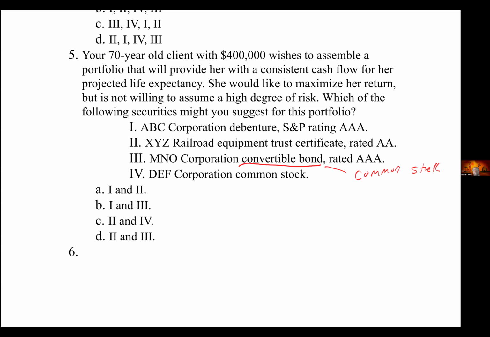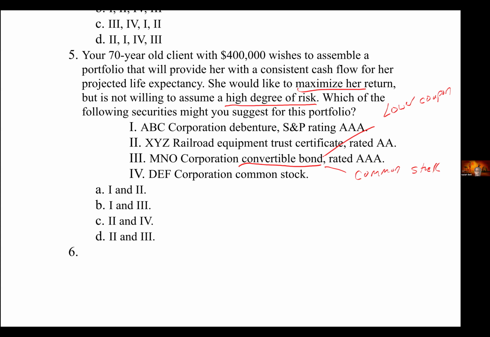In the investment world, when you learn for testing purposes, common stock is considered risky. She doesn't want risk. There's no reason for her to buy the convertible bond. Also, if I buy the convertible bond, I'm going to be issued a lower coupon payment, right? Because this is a special feature to own the common stock, they're going to pay me a lower payment.